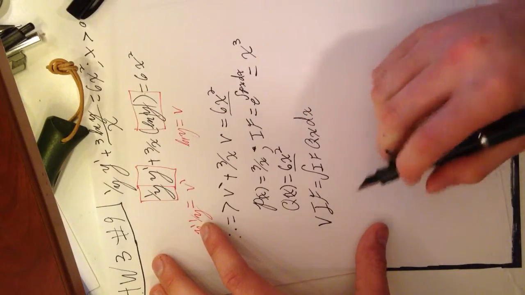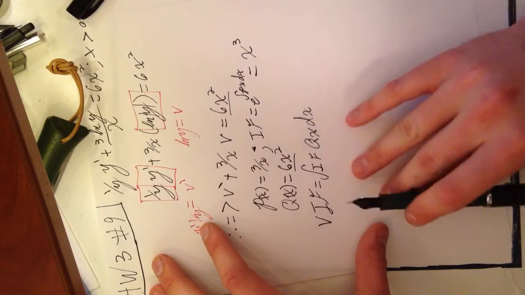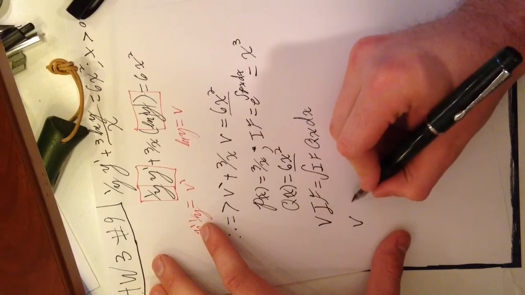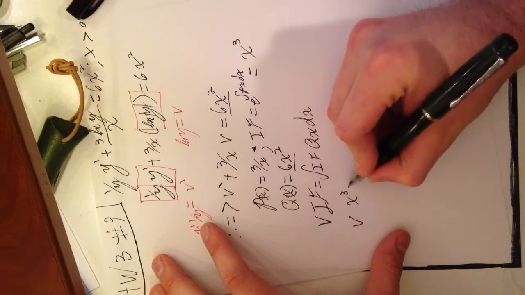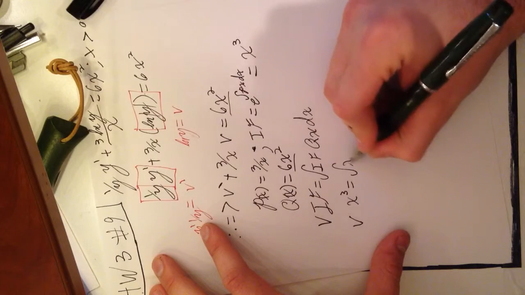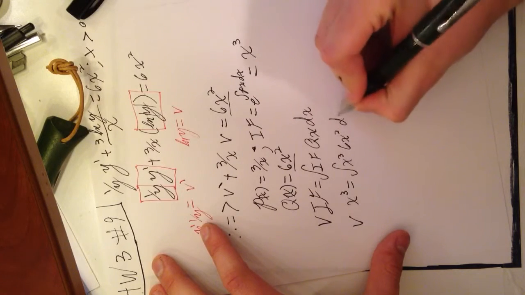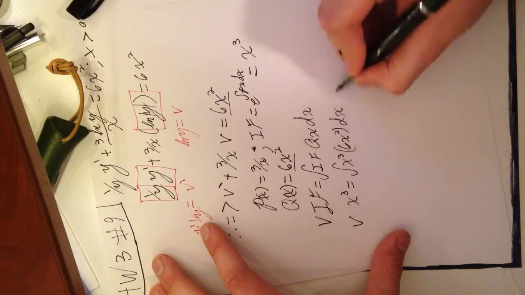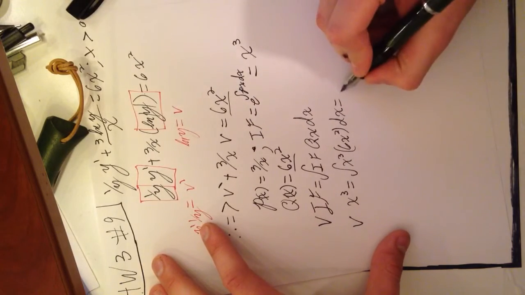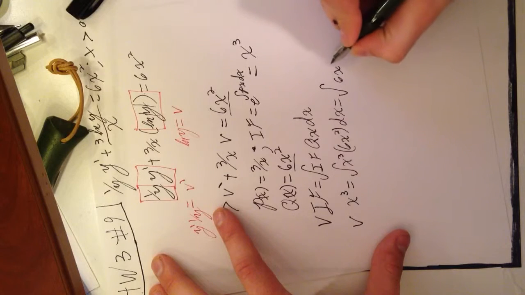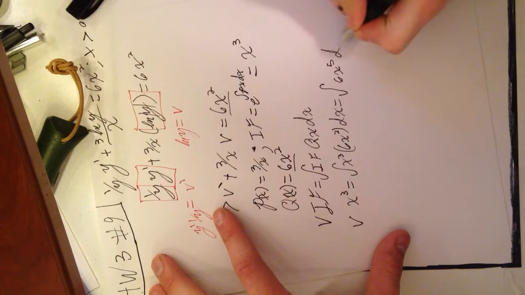Now, we're going to go ahead and substitute our values that we know into the equation, giving us v times x to the third is equal to the integral of x to the third times 6x squared dx. Rewriting this integral, that'll just be equal to 6x to the fifth dx.